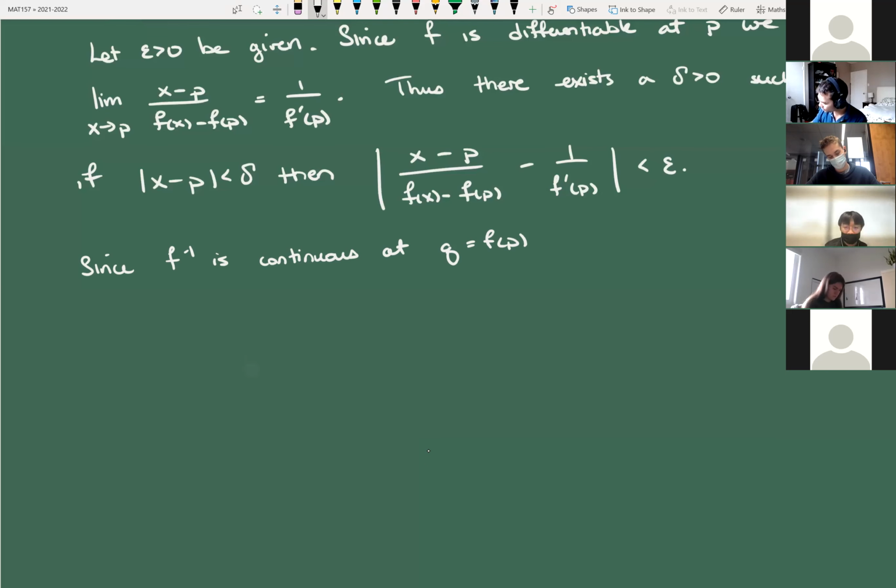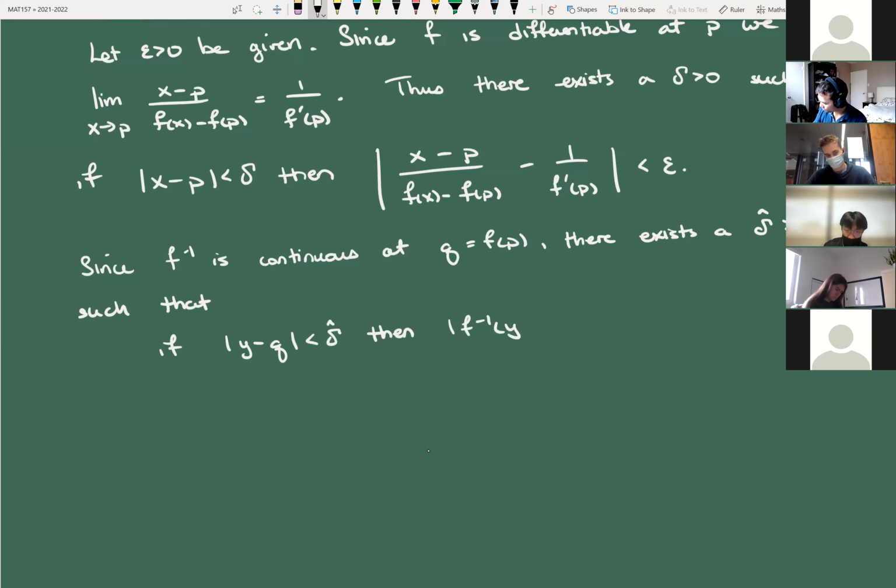So since f inverse is continuous here, there exists a delta hat greater than 0 such that if |y minus q| is less than delta hat, then |f inverse of y minus f inverse of q| is less than delta.